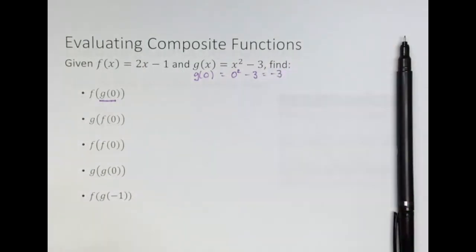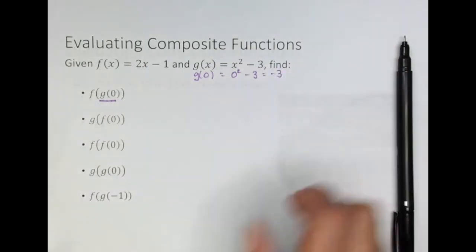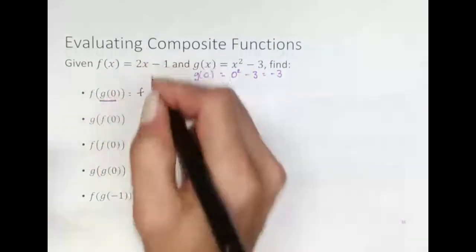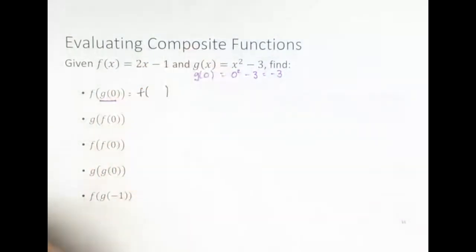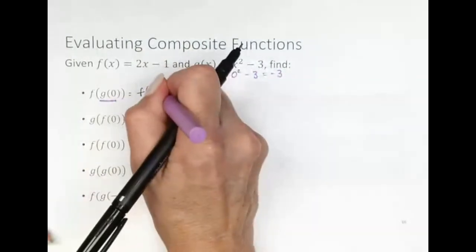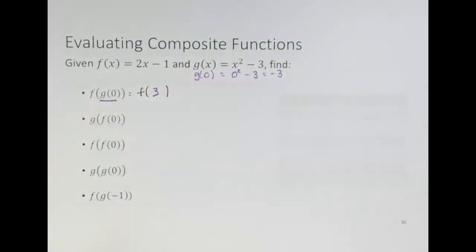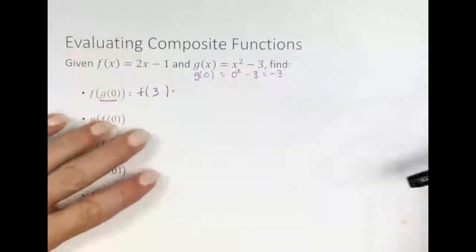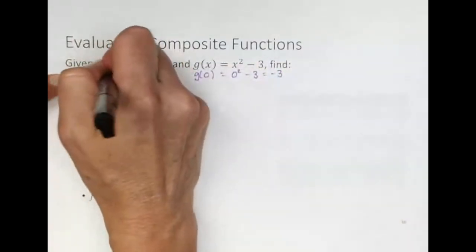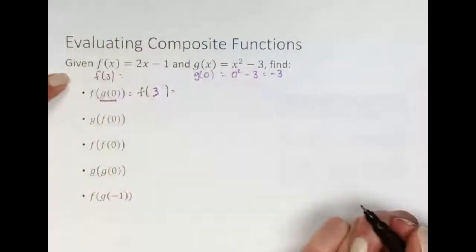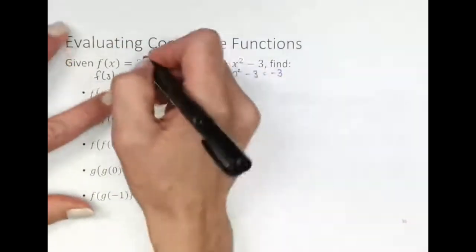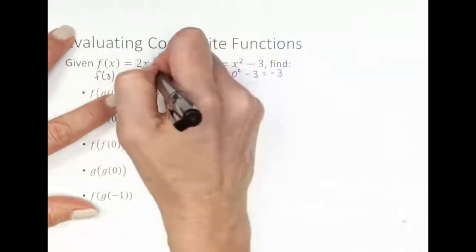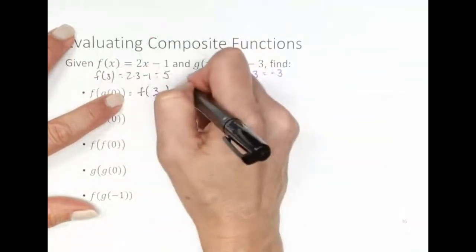All right? Once we know that value, then we can find f of g of 0, because what we're going to find here is f of negative 3, since negative 3 is the output of g. All right, what is f of negative 3? Well, f of negative 3 is going to be 2 times negative 3 minus 1, or negative 6 minus 1, that's negative 7.